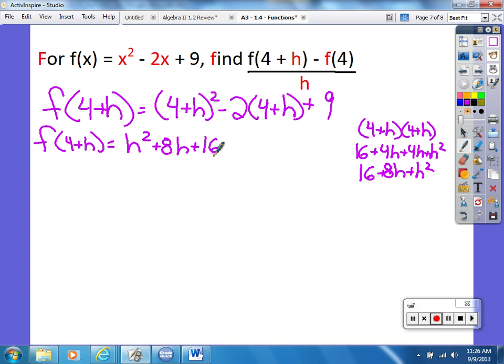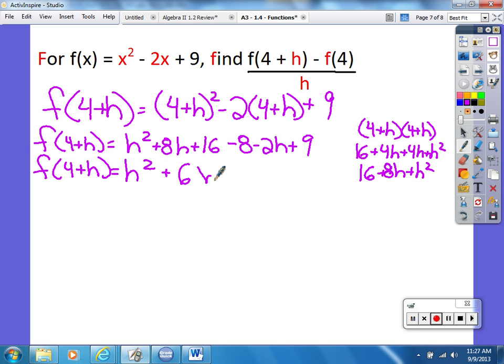Now here I'm allowed to distribute, so minus 8 minus 2h plus 9. Go ahead and combine your like terms. h squared plus 6h. 8 plus 9 is 17.